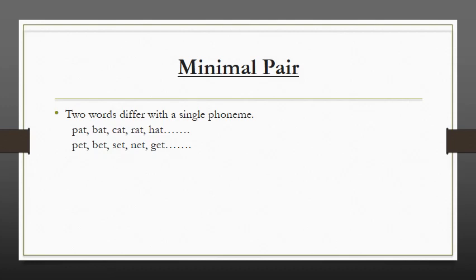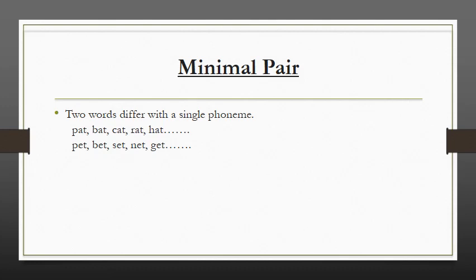In all these words, only one consonant is replaced by another consonant. All these words have -at at the end, while the first consonant gets replaced by another one, and we get a new word. So these are minimal pairs.